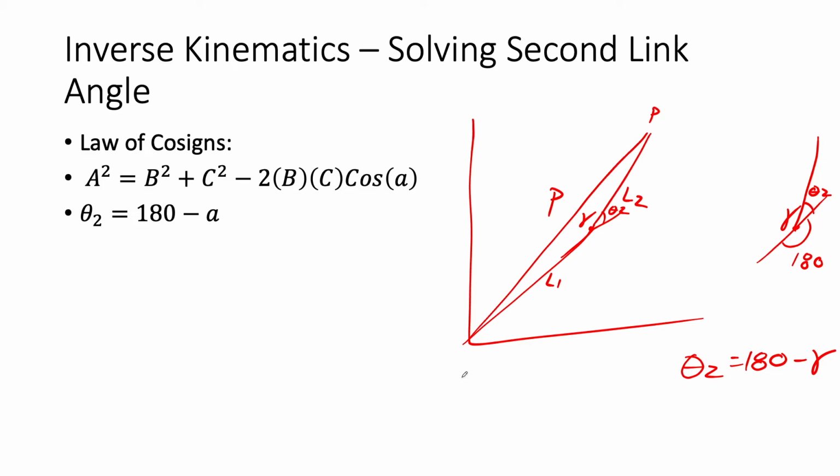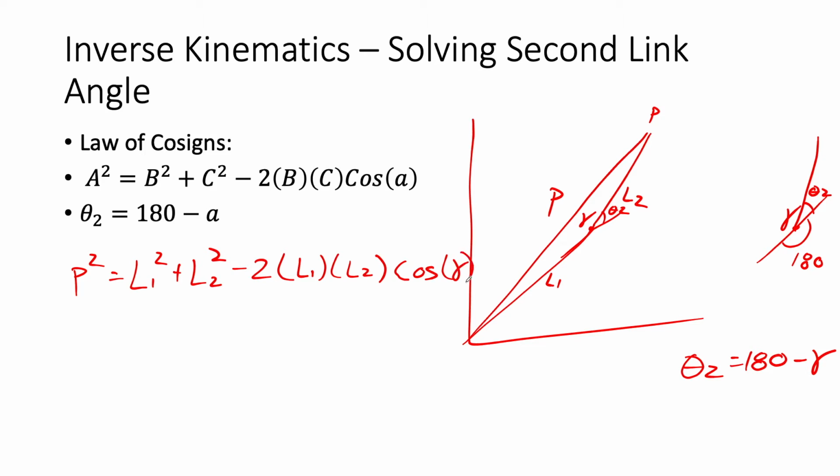Okay, so in this case, we are going to have p squared equals L1 squared plus L2 squared, it doesn't really matter which is which, minus 2 L1 times L2 cosine of gamma. And we know all of these pieces at this point except for gamma.